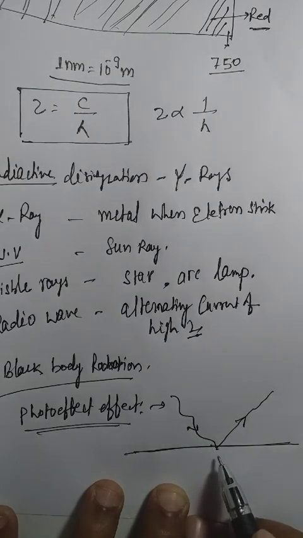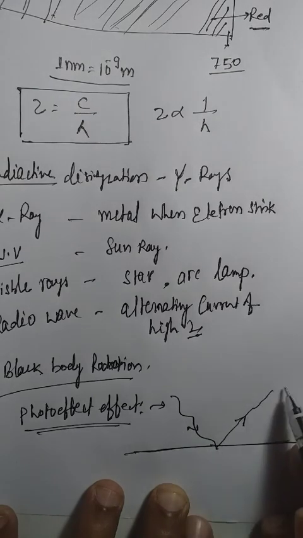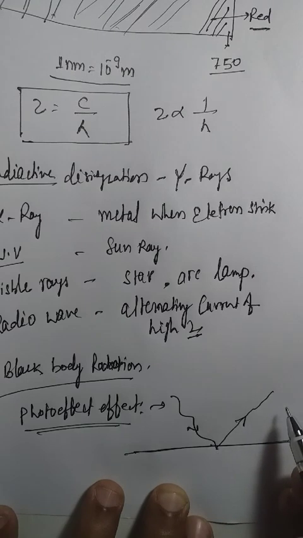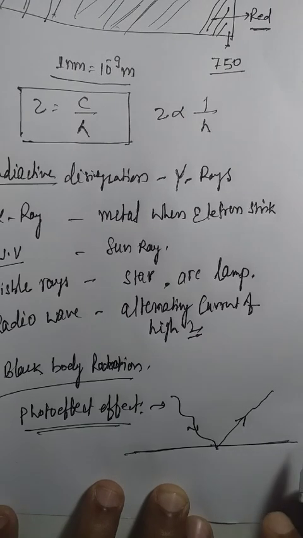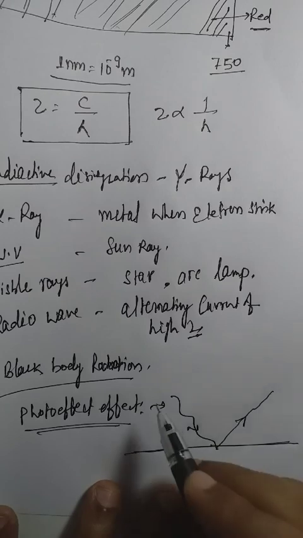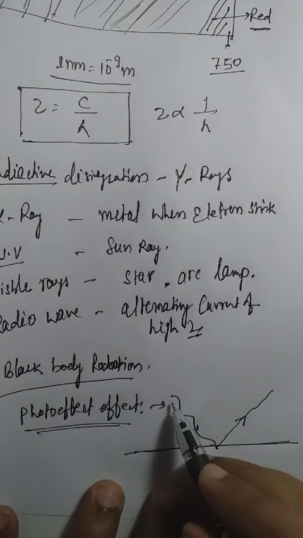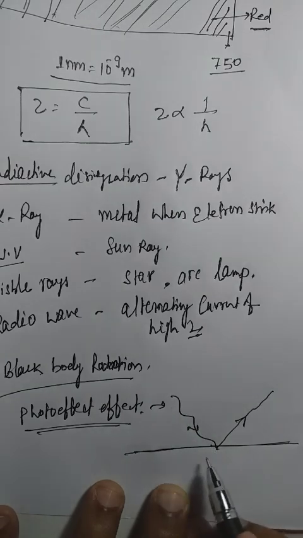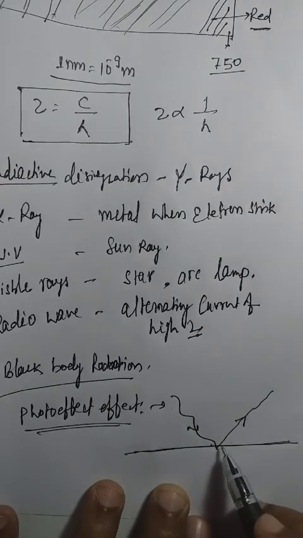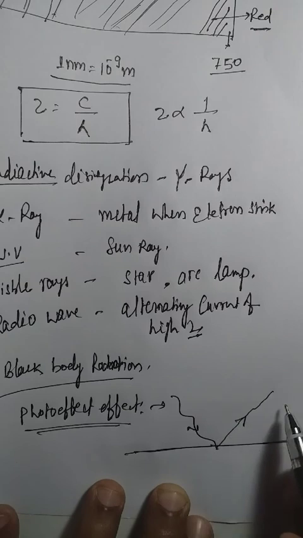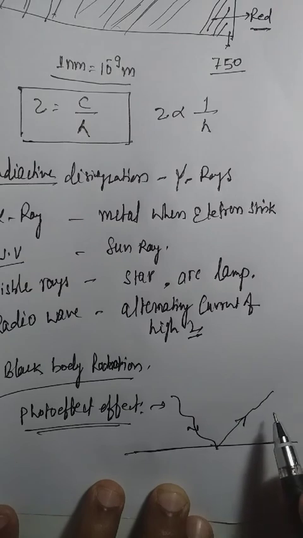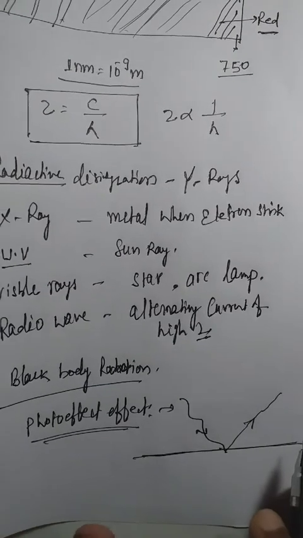When light of a certain frequency strikes the metal surface, ejection of electrons takes place. This total effect is called the photoelectric effect.